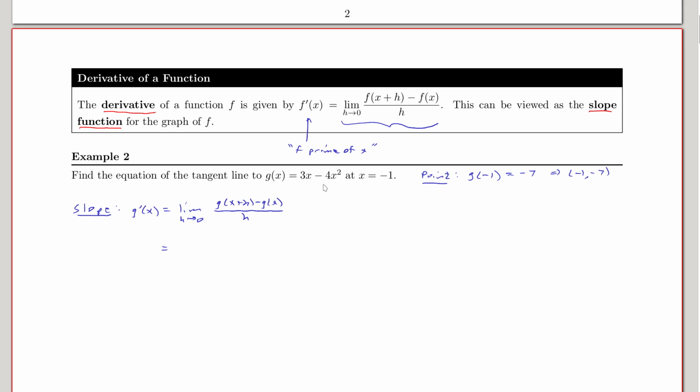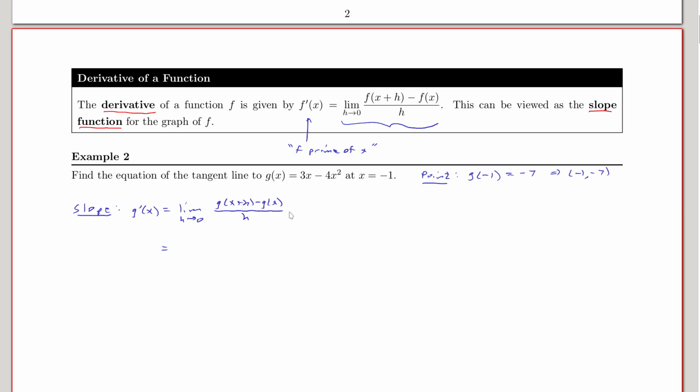It's just a little tick mark, and we read that as f prime. This is called the derivative. Since we're building a function, it can be viewed as a slope function for the graph of f, and it'll be at any value in the domain.